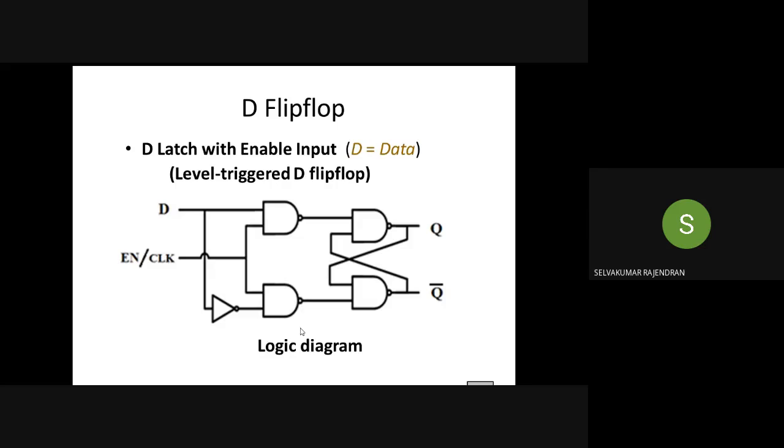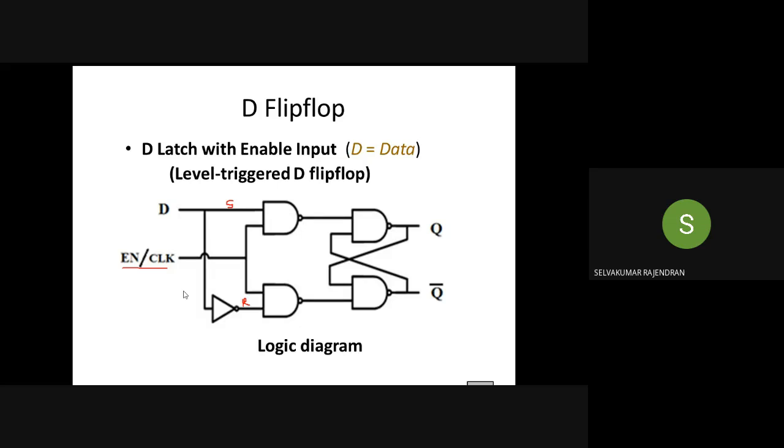In this diagram, if you recall the SR flip-flop, this is our S input and this is our R input, with a control signal that is enable or clock pulse. But here we are designing a D flip-flop.